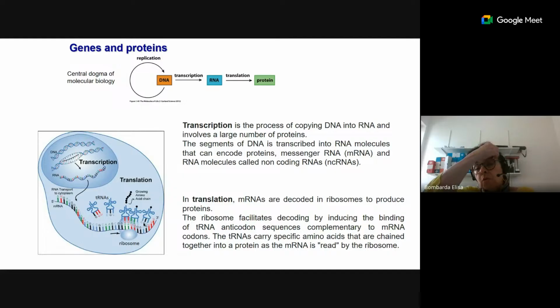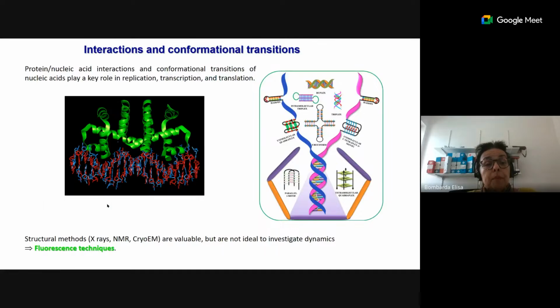The amino acids are chained together, and the protein gets formed. And then, of course, there is a dissociation of the tRNA.